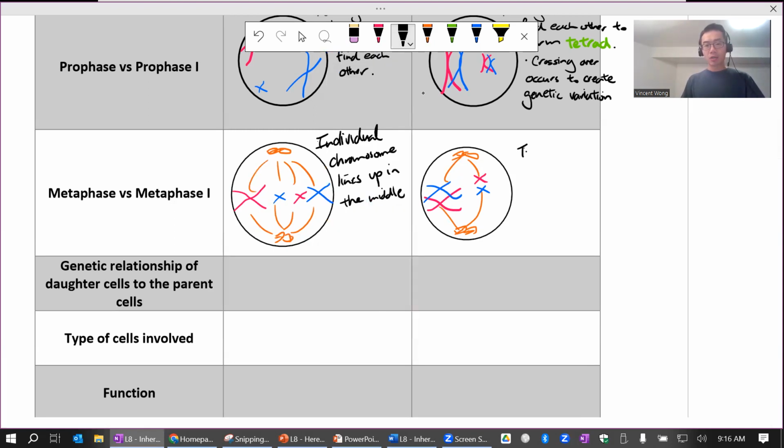So this one, the tetrad lines up in the middle. I'll give you a moment to copy that, then we'll finish the chart.